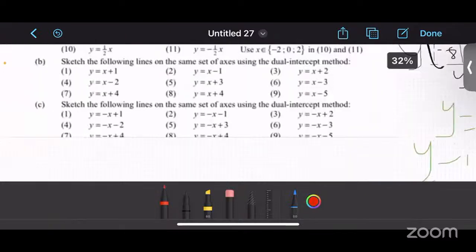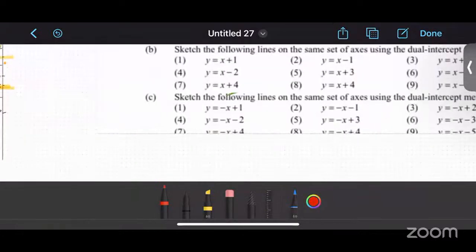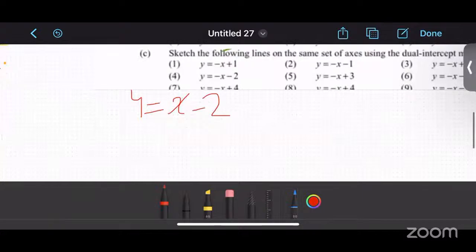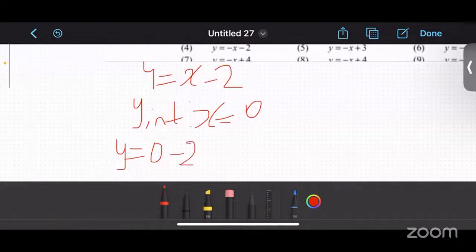Which is y is equal to x minus 2, and then the y-intercept would be, when x is equal to 0, remember? y is equal to 0 minus 2.